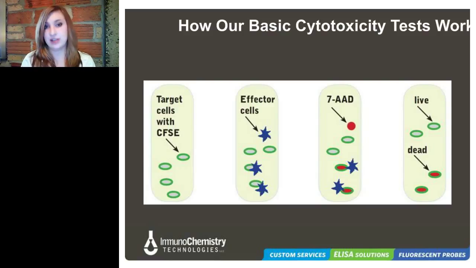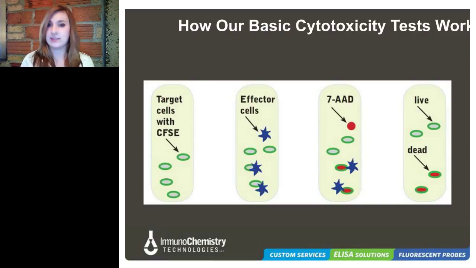And these effector cells or toxic agent will act on these target cells in this step. Next, you can add the red live dead stain, which is 7-AAD. This stain will enter cells with compromised membranes in necrosis and late apoptosis and bind to DNA. It will not enter any cells with intact membranes.